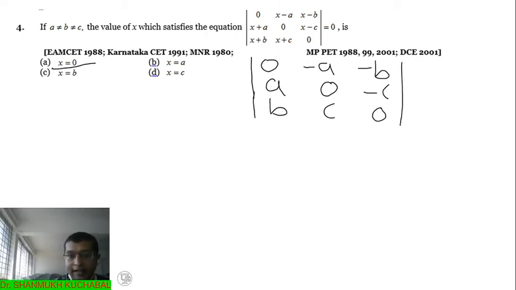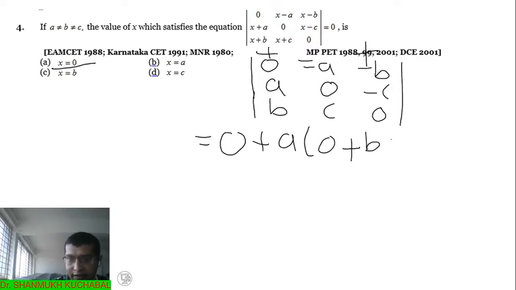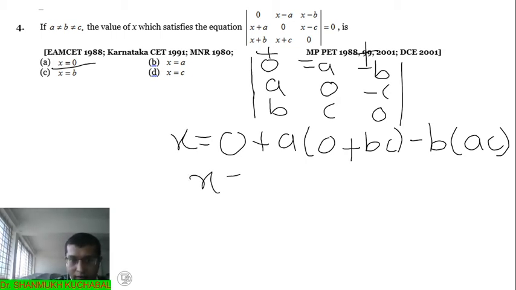Then we assign signs here, plus minus plus, so plus 0 as it is, then minus into minus plus a, so we get 0 plus bc here in the expansion, then plus into minus minus b, we get ac.